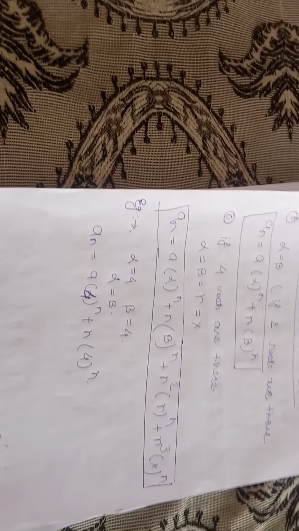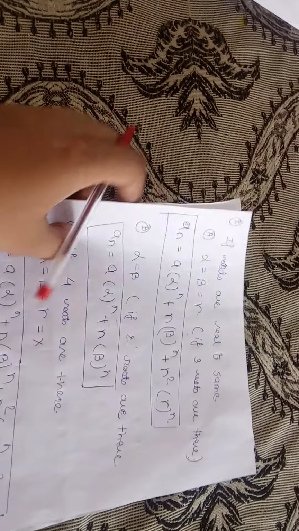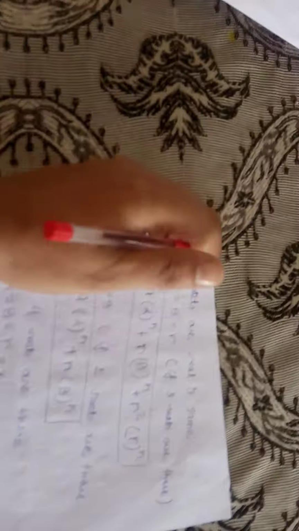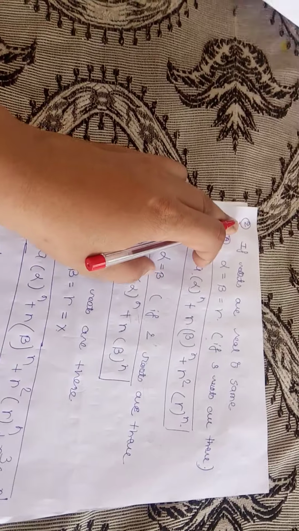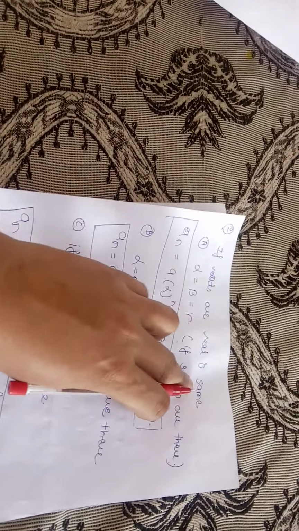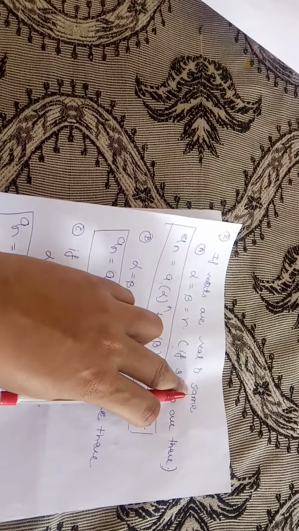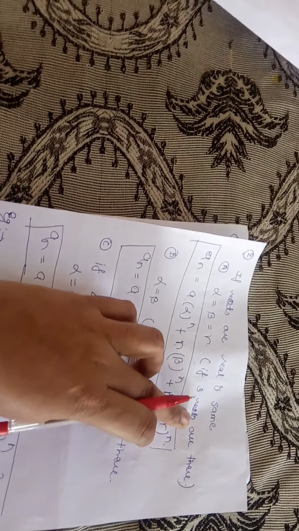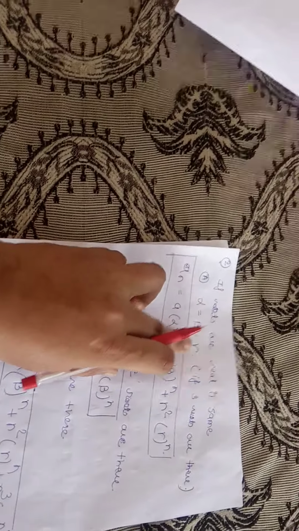Fine. If my roots are real and the same, this is the second type of roots. If my roots are real and the same, that means alpha value is equal to beta value is equal to gamma value, if I have three roots, alpha, beta and gamma.